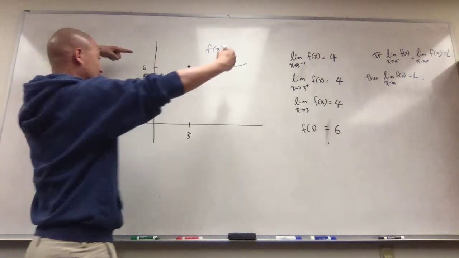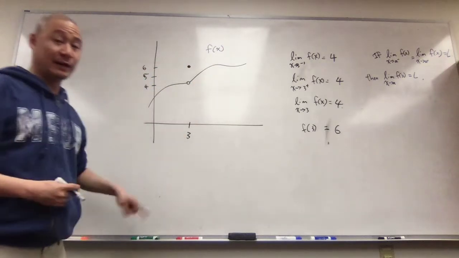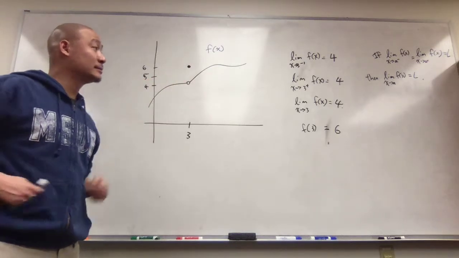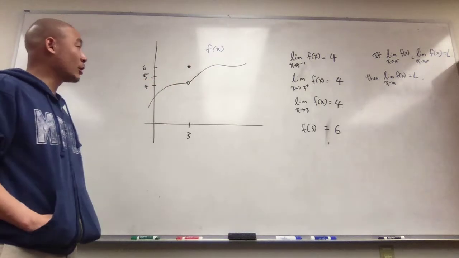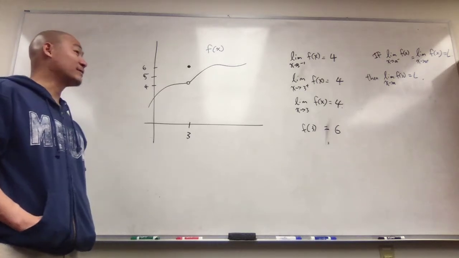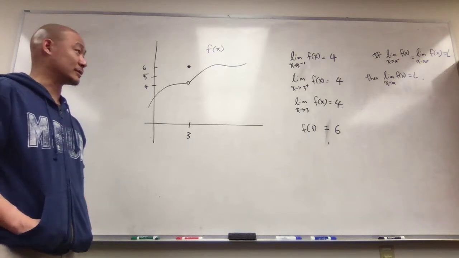Just because everything's getting closer and closer towards 4 here, the way this function is defined, we still have a jump up here when x is 3. So the function that I had drawn beforehand and this function here both describe what we would call discontinuous functions.